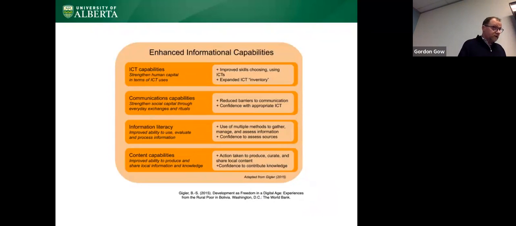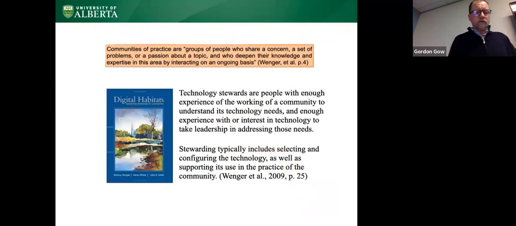The term communities of practice, which is also integral to our work, refers to a unit of social organization, which is an important focus for our work. It's also used in other extension research to look at groups of people who share a concern or a set of problems or a passion about a topic and who deepen their knowledge and expertise by interacting on an ongoing basis.